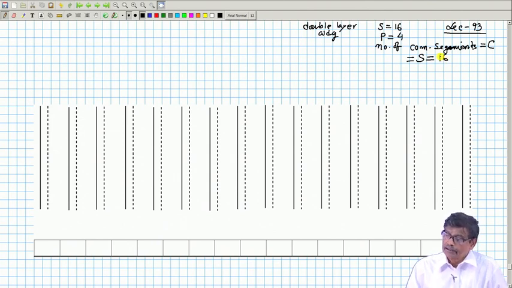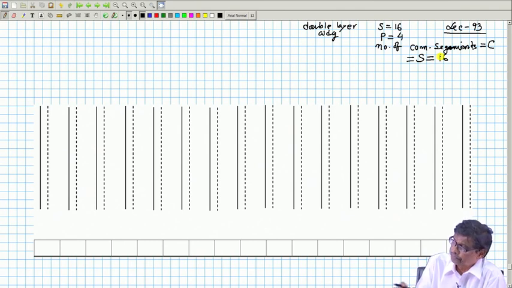Now, this diagram is what? I have drawn two vertical lines side by side. They are nothing but coil sides in a particular slot. This is slot number 1, this is slot number 2, which will also carry two coil sides.